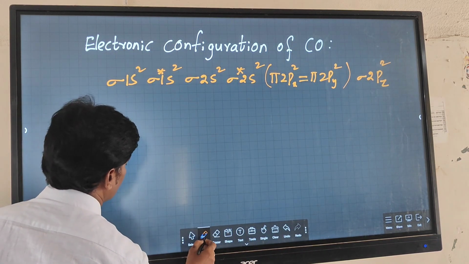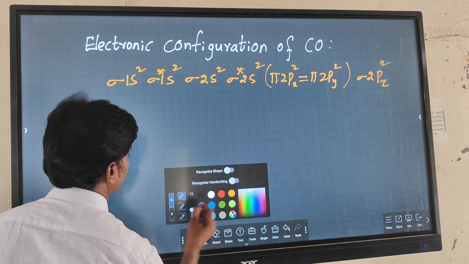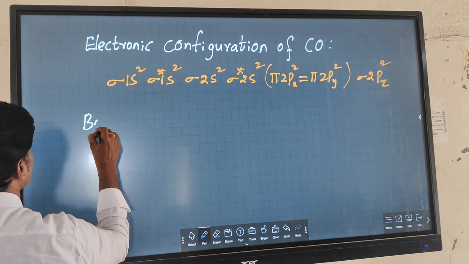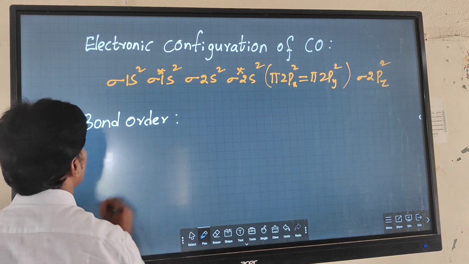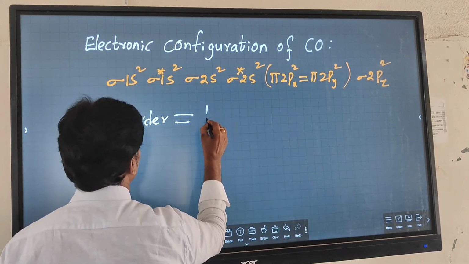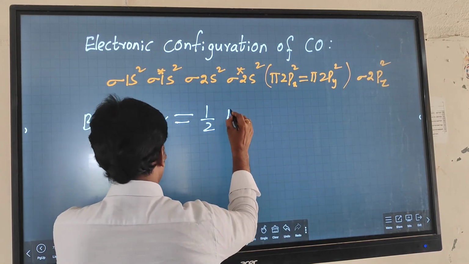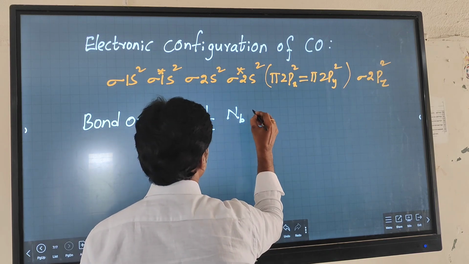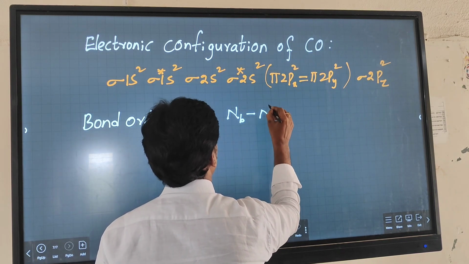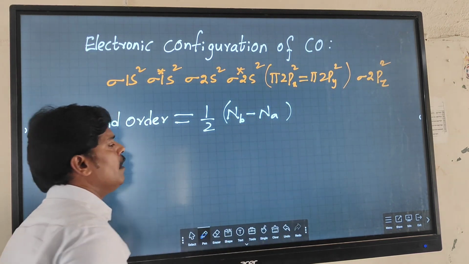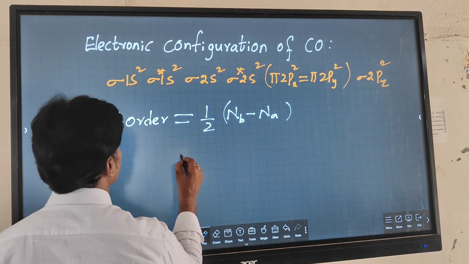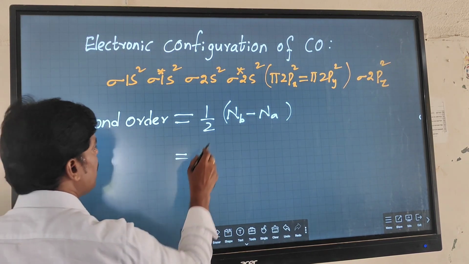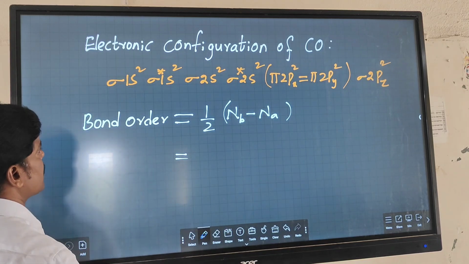Now we have to find the bond order. Bond order is equal to half into NB minus NA. NB is the number of bonding electrons.